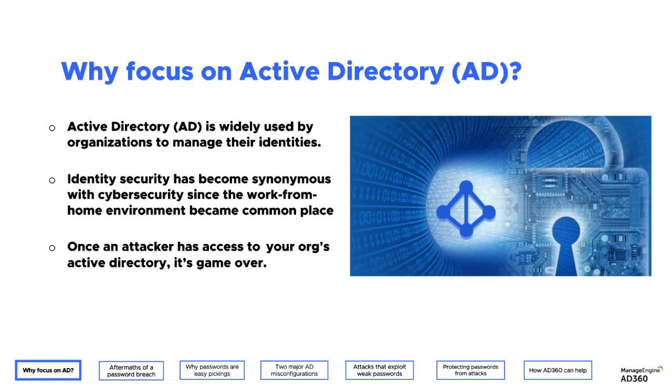Now, as we speak, organizations, while working remotely, have moved towards a place where it's hybrid, where they're trying to use Azure AD or another cloud platform like, let's say, Office 365 or G Suite to manage their user identities. And at the end of the day, it's all going to be interconnected, a hybrid setup where AD cannot be taken out of your system.